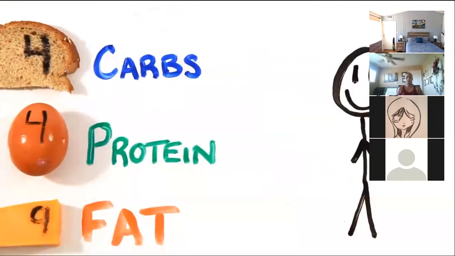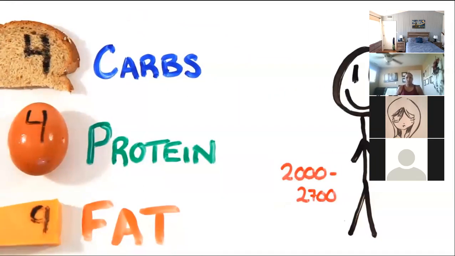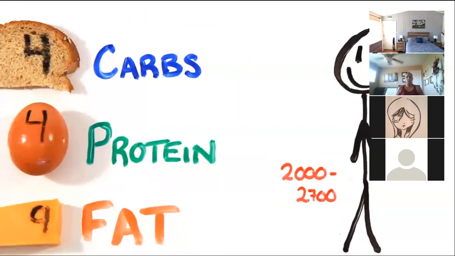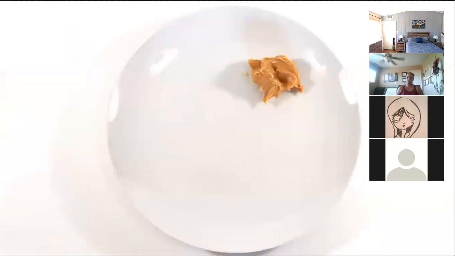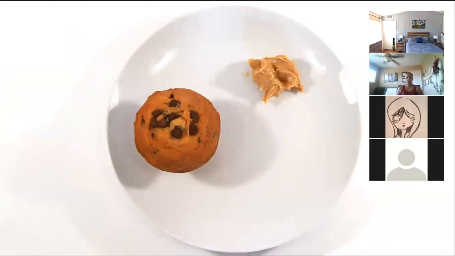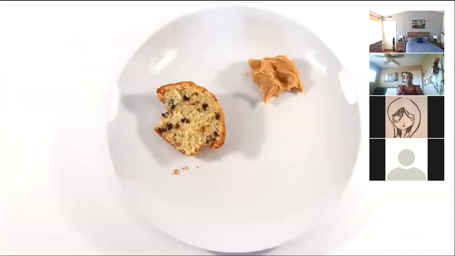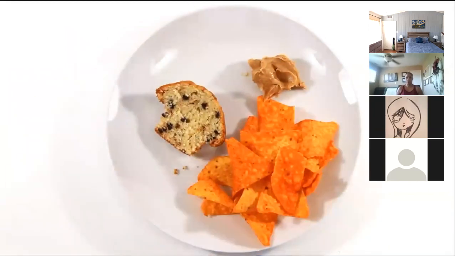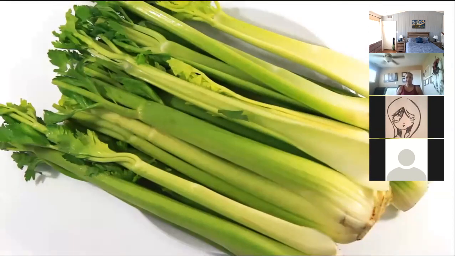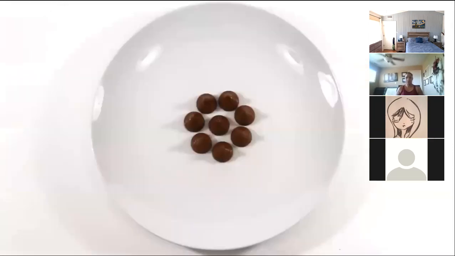The average person needs somewhere between 2,000 to 2,700 calories a day, depending on factors like height, weight, gender, and age. And some foods, like peanut butter, are calorie dense, filling this requirement faster. Or that muffin you ate as a snack, chances are its calorie content is higher than you thought. And those irresistible Doritos, don't lie, you ate the whole bag. Unlike celery, which has very few calories, giving you lots to munch on. Or carrots, not so much Hershey's Kisses.